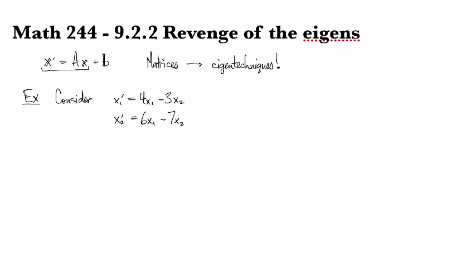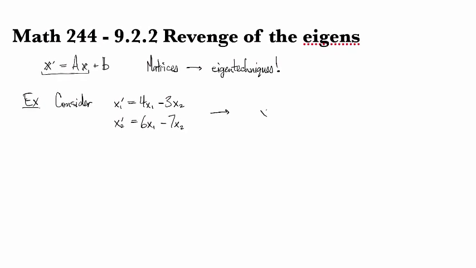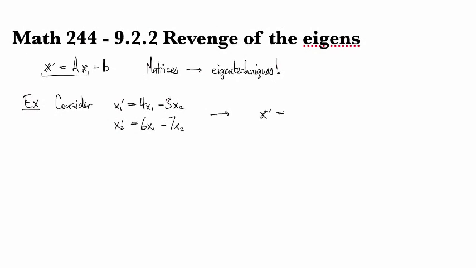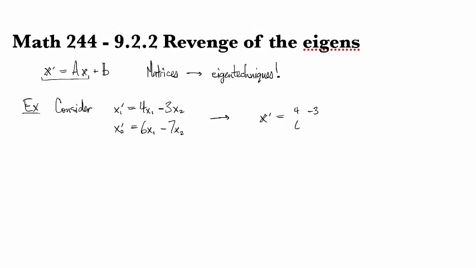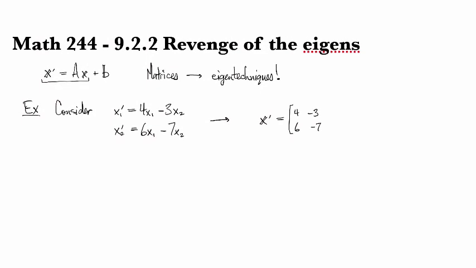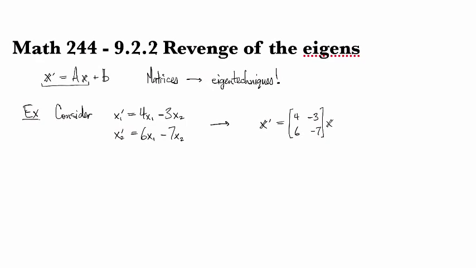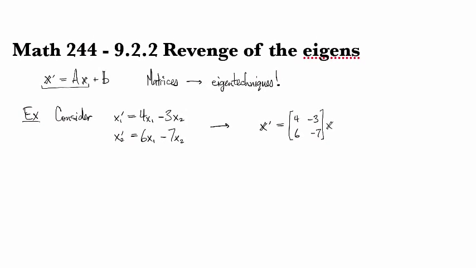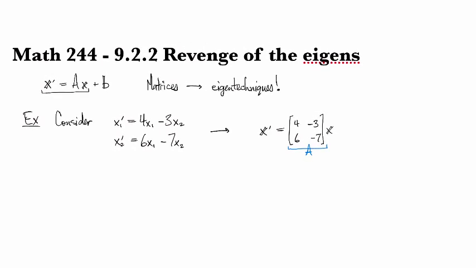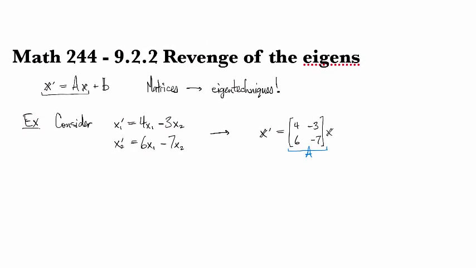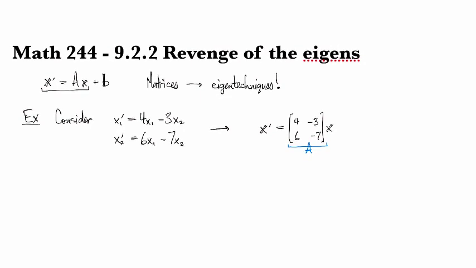And so we can convert this then into the matrix system that looks like x prime equals [4, -3; 6, -7] x. All right, and so here is our matrix A, and we can solve this system using the eigenvalues and eigenvectors of A.